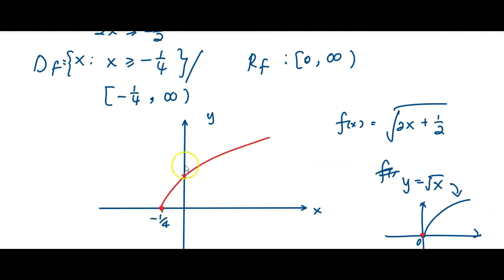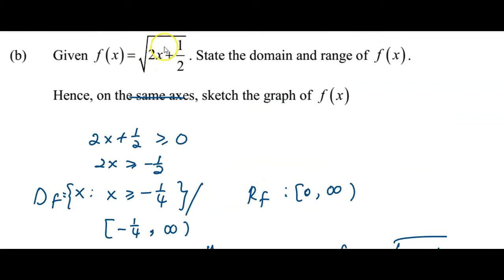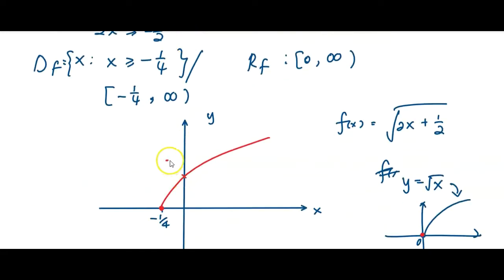Then there is one important point you need to find: putting x equals 0, your y will be square root of 1/2. So this value is the square root of 1/2. Now you can label this as y equals f(x).